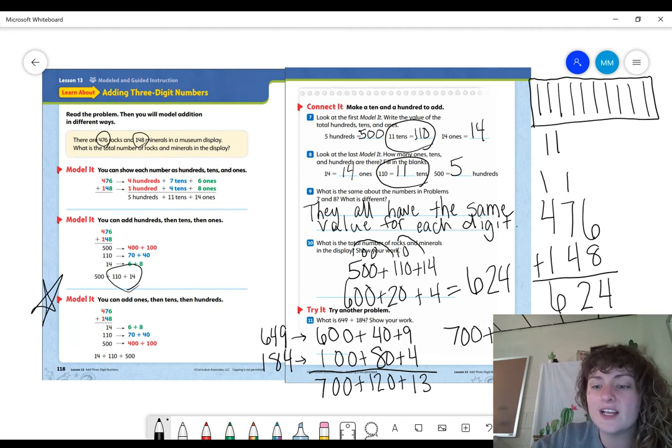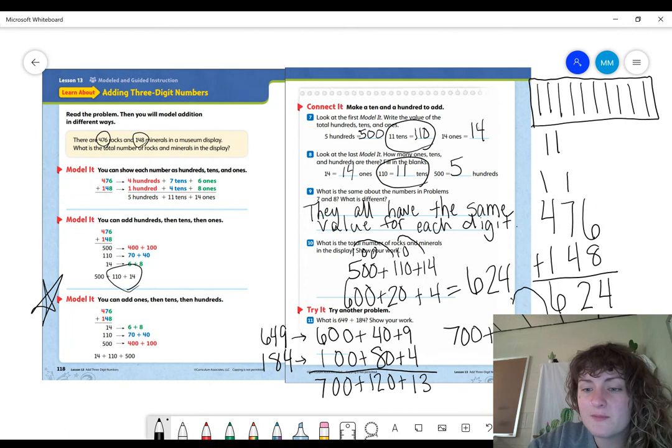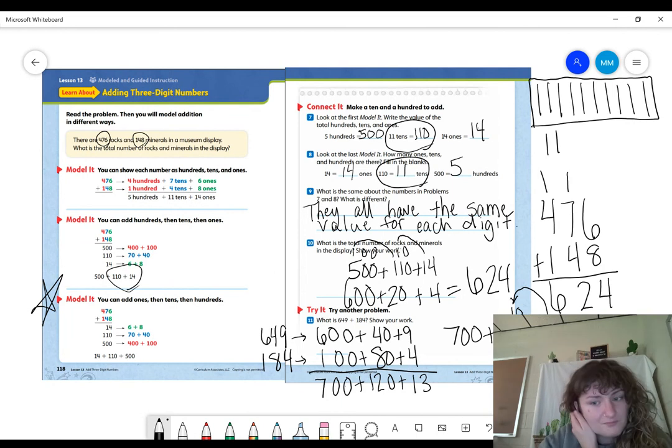So starting with our ones place, I cannot have 13 ones in the ones place. So my 10 is going to move to my tens place. So 10. And my ones are going to stay the same. So 3, my ones hang out with my ones. So in 13, I had 3 ones, but my 10 moved to my tens place.